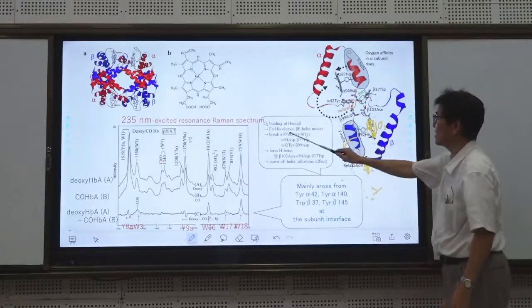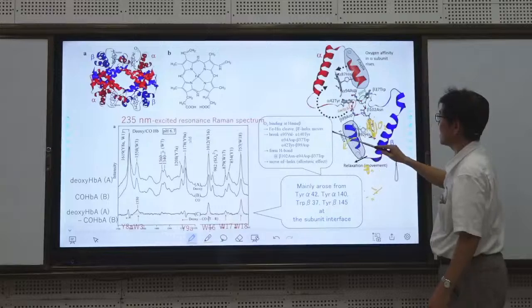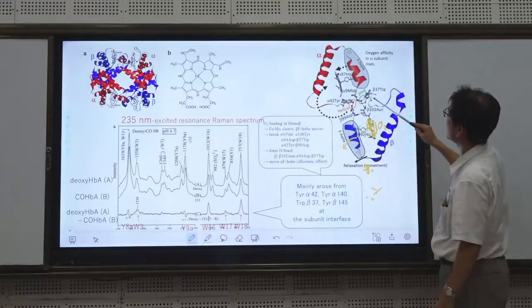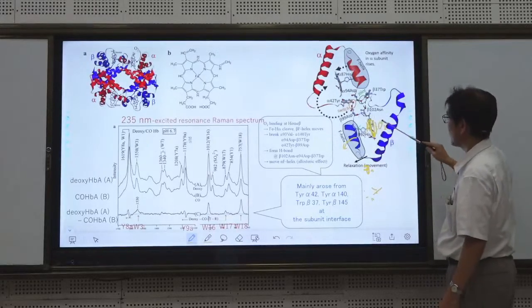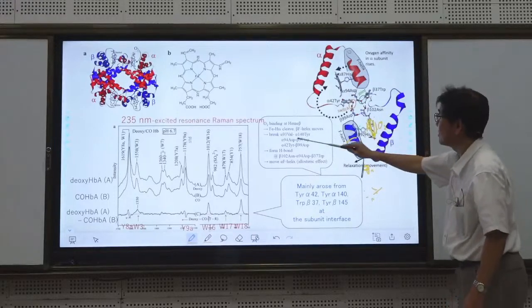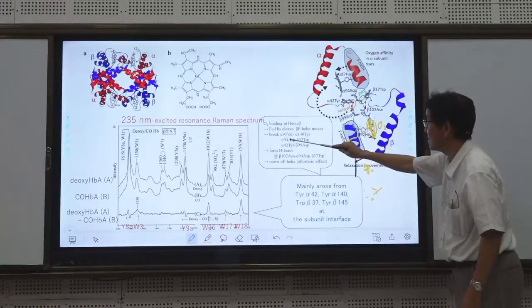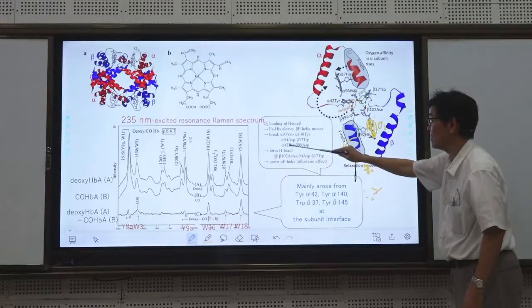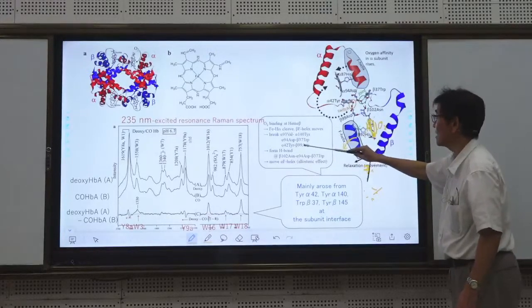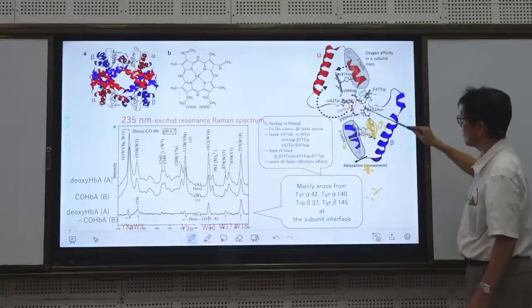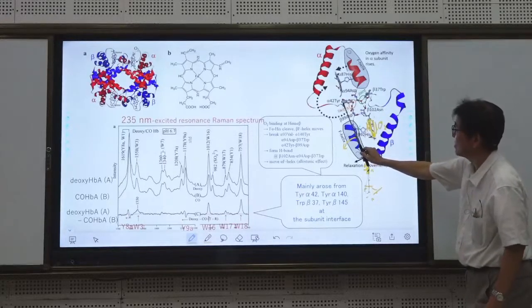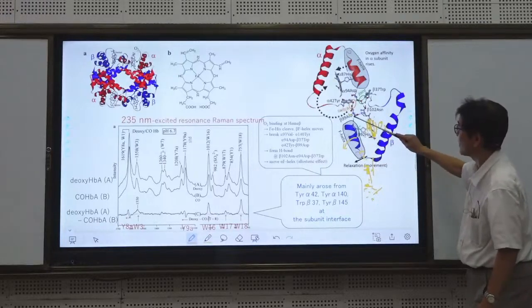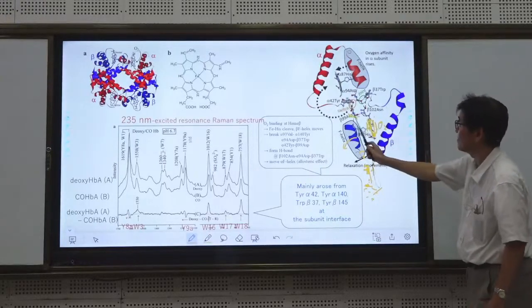Then this movement breaks the tyrosine hydrogen bonding, and the aspartic acid tryptophan hydrogen bonding. Tyrosine 42, aspartic acid 99, hydrogen bonding. So rearrangement of the helix cuts the hydrogen bonding around here.